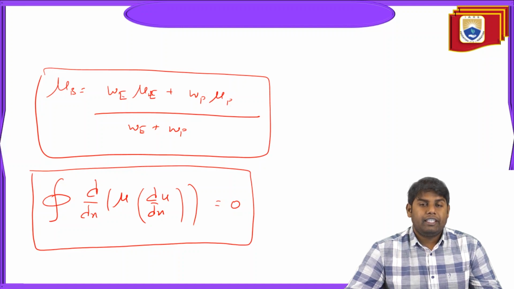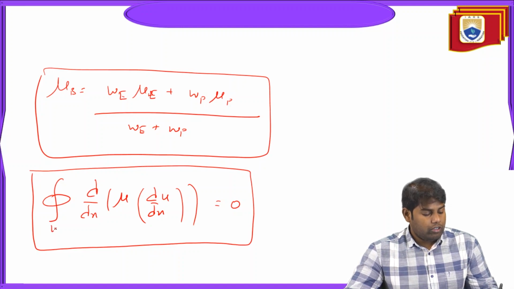When we see the line integral, we will have the limits from the west node to the east node.